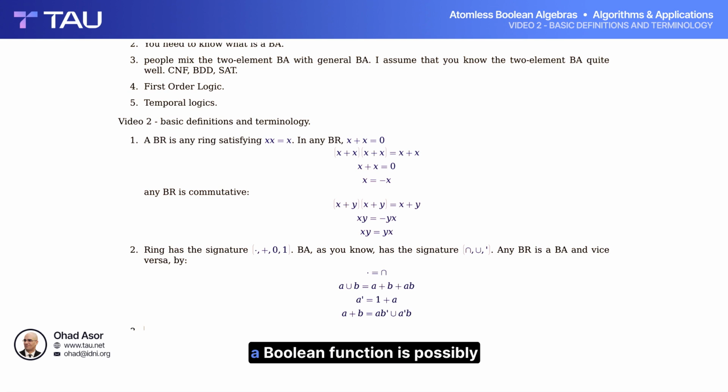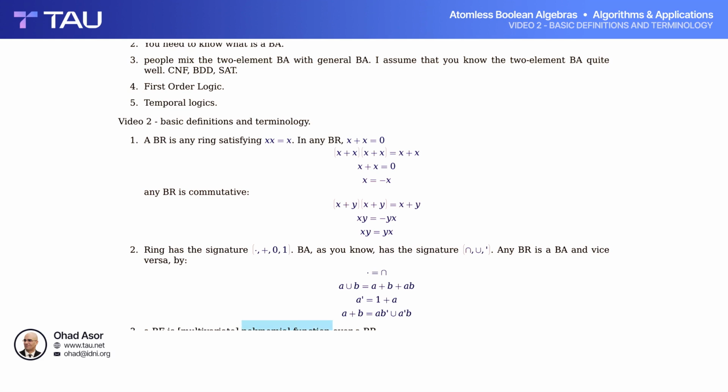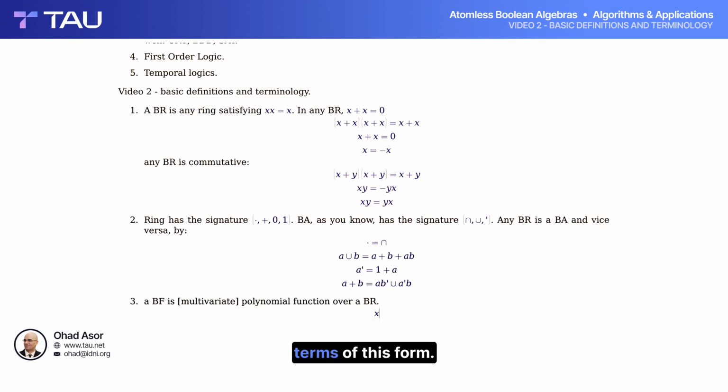Now, a Boolean function is, possibly multivariate, a polynomial function over a Boolean ring. Note that I say polynomial function. I don't say polynomial, because polynomials can have terms of this form.